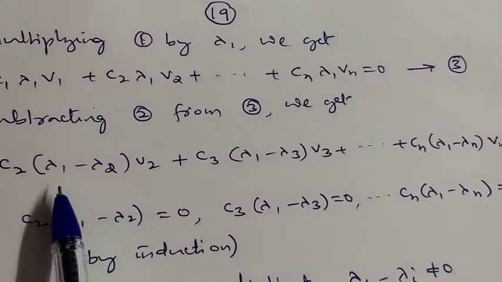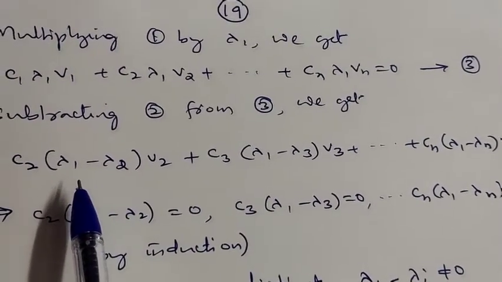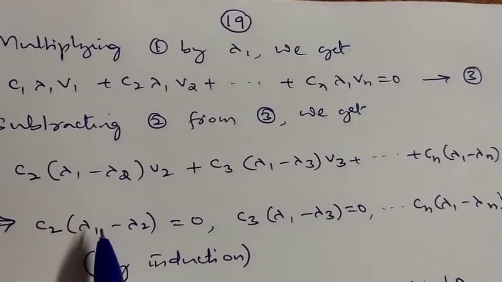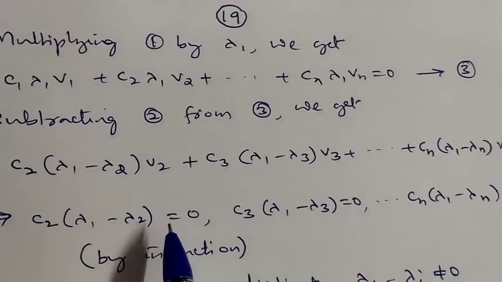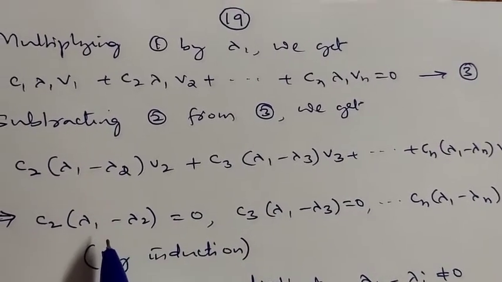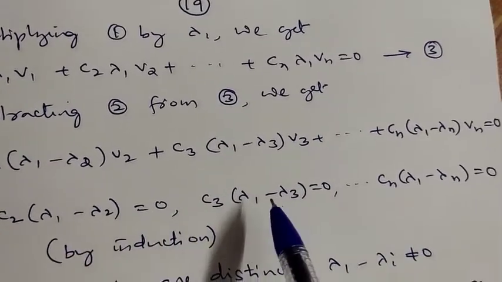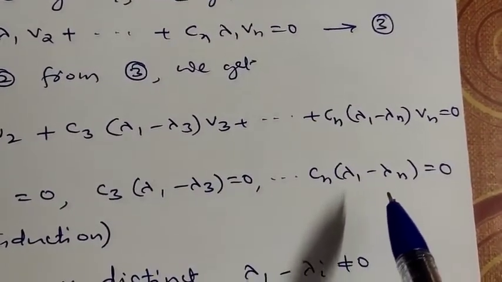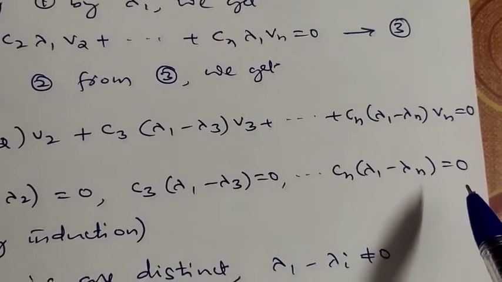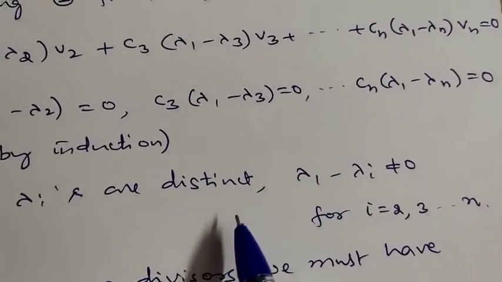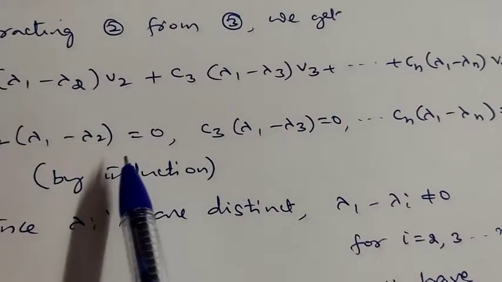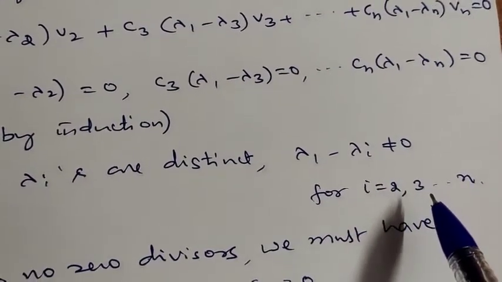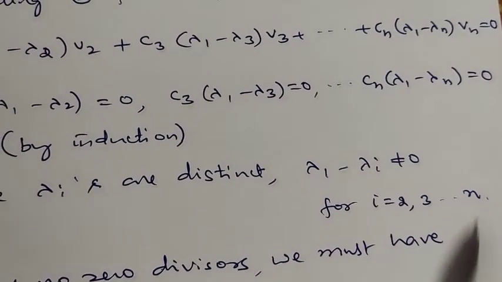These are linearly independent means what will happen? Each of these scalar coefficients, ci into (lambda 1 minus lambda i), is equal to 0, or in other words c2 into (lambda 1 minus lambda 2) is 0, c3 into (lambda 1 minus lambda 3) is 0, etc., cn into (lambda 1 minus lambda n) is 0. But the lambda i are distinct, so lambda 1 minus lambda i cannot be equal to 0 for i taking the values 2, 3, etc., up to n.